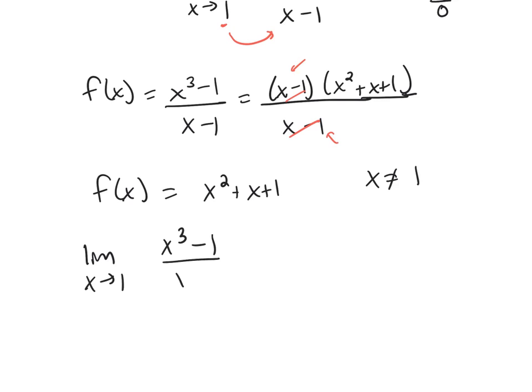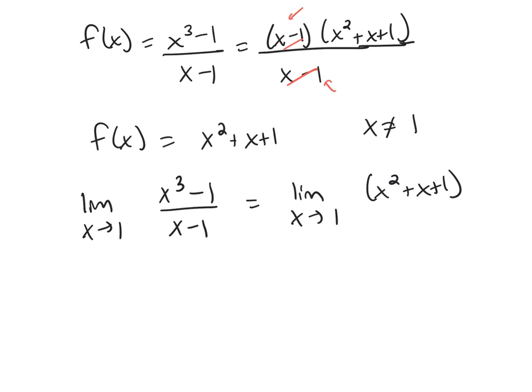I can now, instead of working with this rational function, take the limit after I've canceled, of this polynomial. And that's great because this polynomial is much easier. If you have a polynomial, just plug in your number into your function to get your limit, and my limit is 3 here.